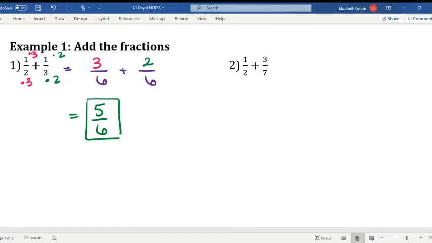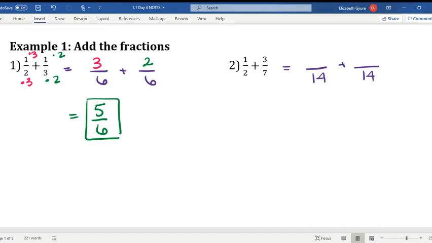We have 1/2 plus 3/7. What do you think would be a good common denominator for 2 and 7? Alex? 14, because 2 times 7 is 14, right? Okay, so I'm going to put my 14s on the bottom. Good.